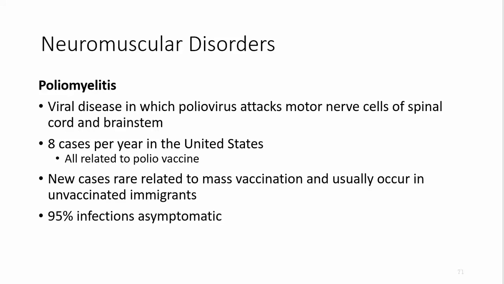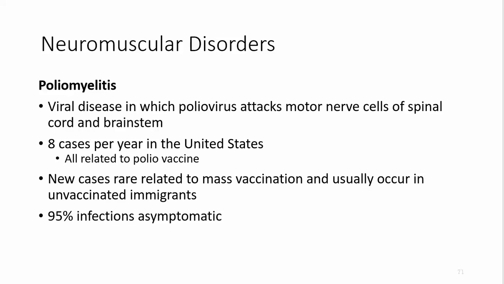Now, the big fear is people that are not immunized and are not immunocompetent against it. The introduction of a wild virus due to immigration is fairly high, and we'd hate to see a reintroduction of polio.